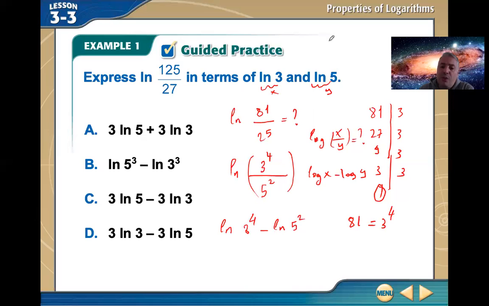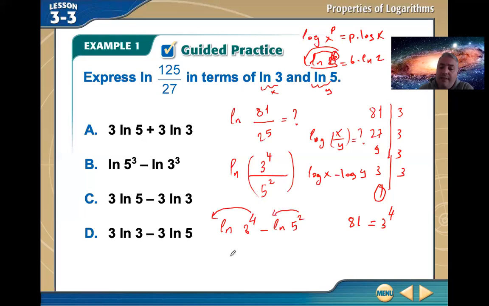Now we have one more rule. Logarithm of x to the p is p times logarithm of x. Or ln, let's say, 2 to the power of 6 is 6 times ln 2. So this is the same, but the power comes in front. For using this rule, can we say something?